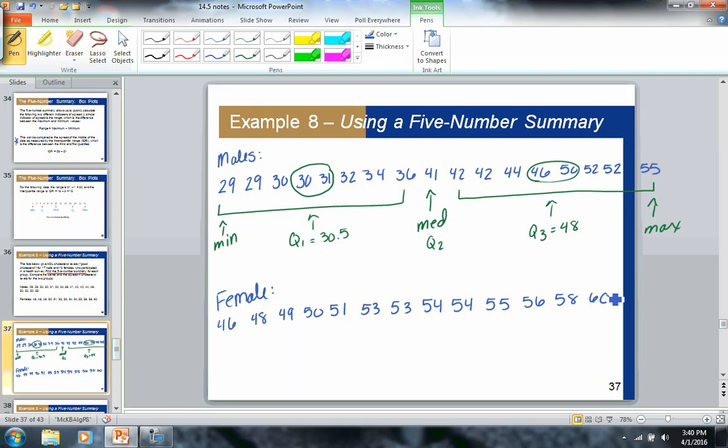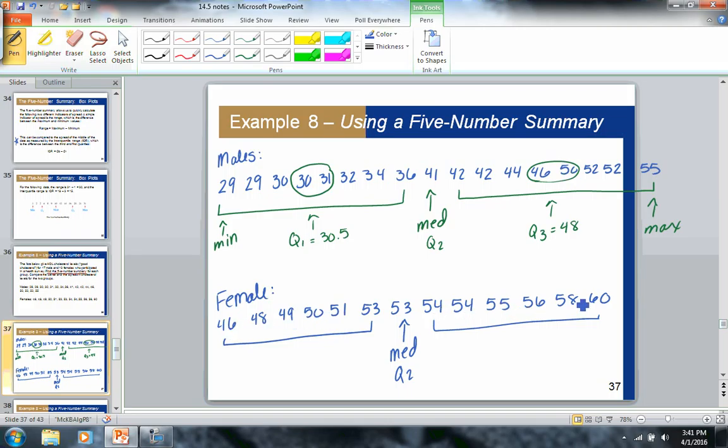And again, I have an odd number, so I can find my true median value. And that's going to be right here in the middle. So my median value is going to be 53, or my Q2 value. Everything lower than that is going to be the lower quartile. Everything bigger than that is going to be my upper quartile. And I should have the same number in each.